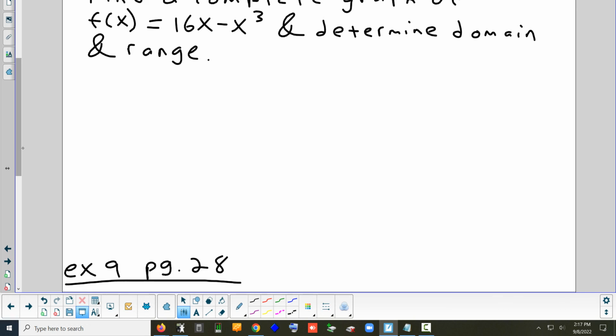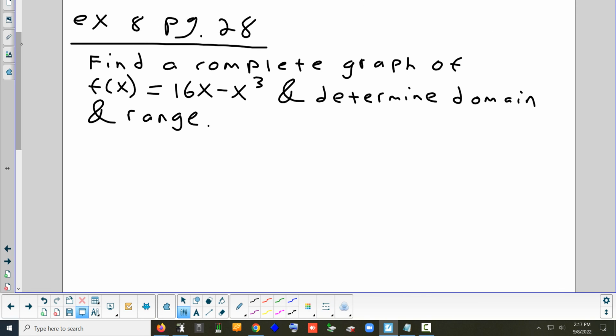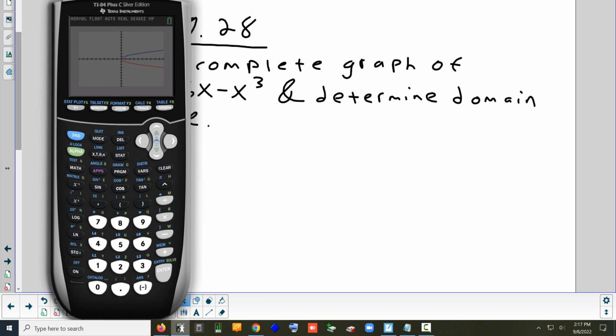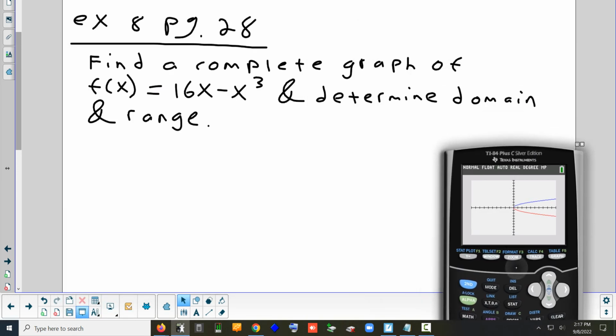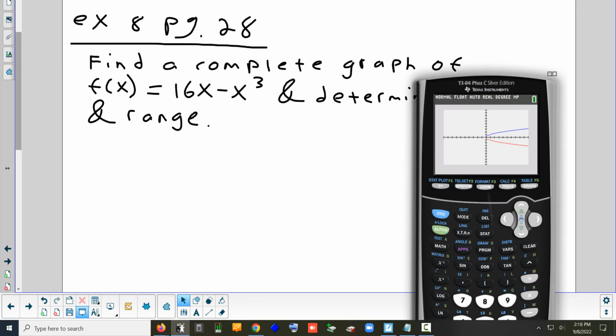All right, let's try this one. So, domain and range. It says, find a complete graph of 16x minus x cubed and determine the domain and the range. Okay, so first thing, we got to type that in.